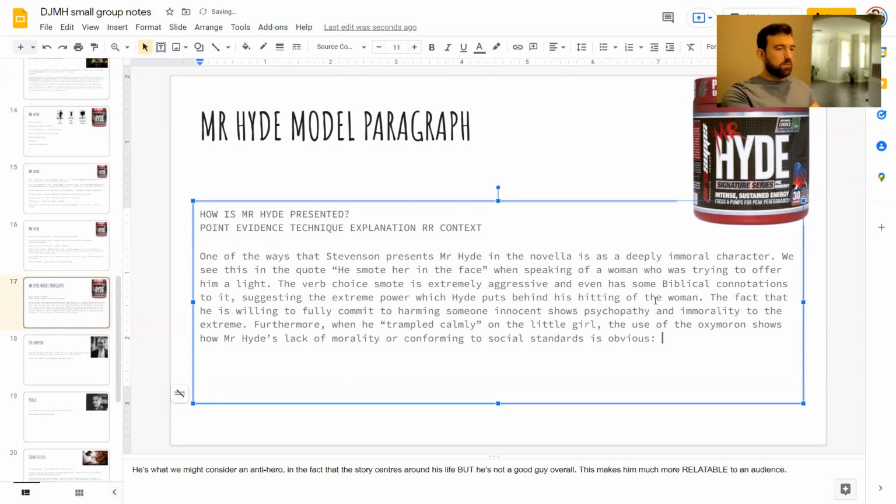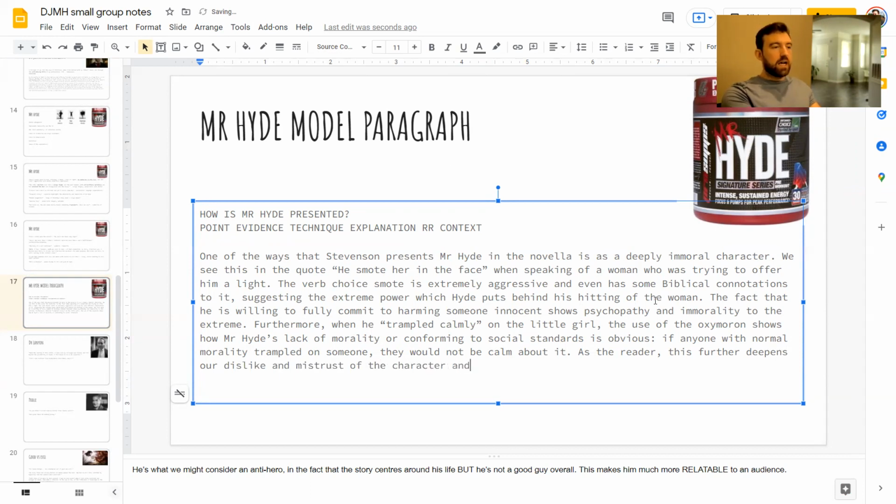If anyone with normal morality trampled on someone, they would not be calm. As the reader, this further deepens our dislike and mistrust of the character and establishes him as the antagonist.